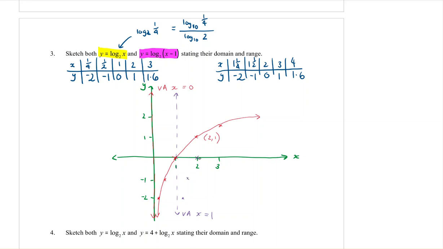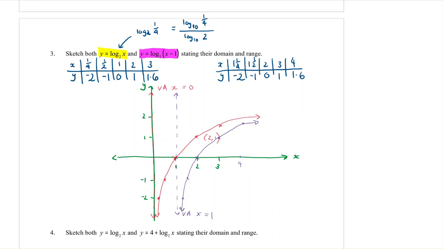At 2 is 0. 3 is 1. And 4, or I should add an extra value on here, 4 is 1.6. So it's coming up like that. Okay, so the whole graph has just been moved one space to the right.